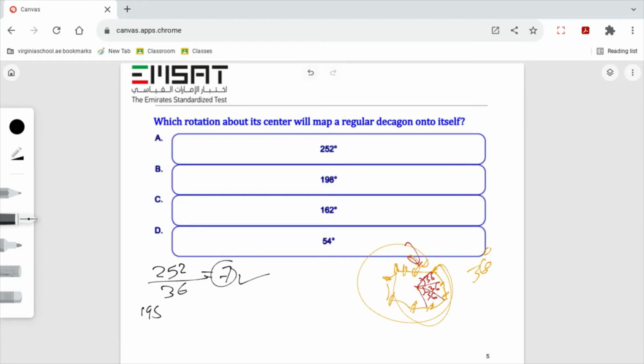Let's see the other one. 198 over 36 will give us 5.5. It's not an integer number. And option 3, 162 over 36 equals 4.5, and this is wrong. The last option, 54 over 36 equals 1.5, and it's not an integer number, so the correct answer is A.